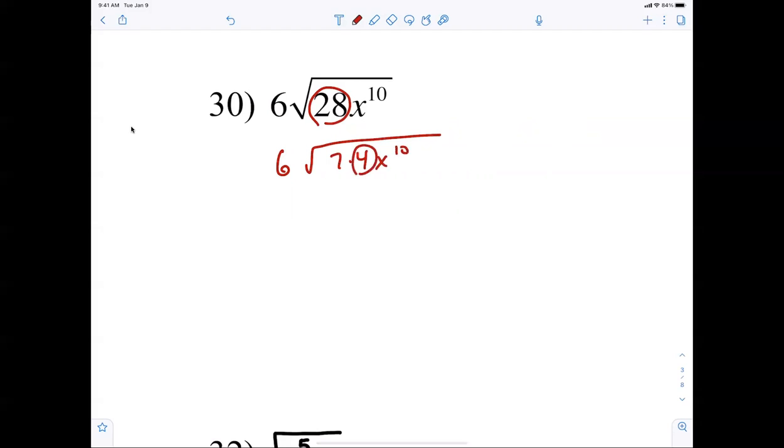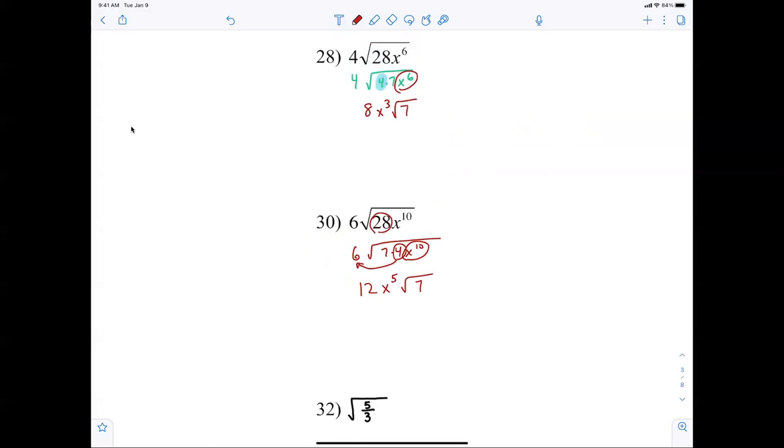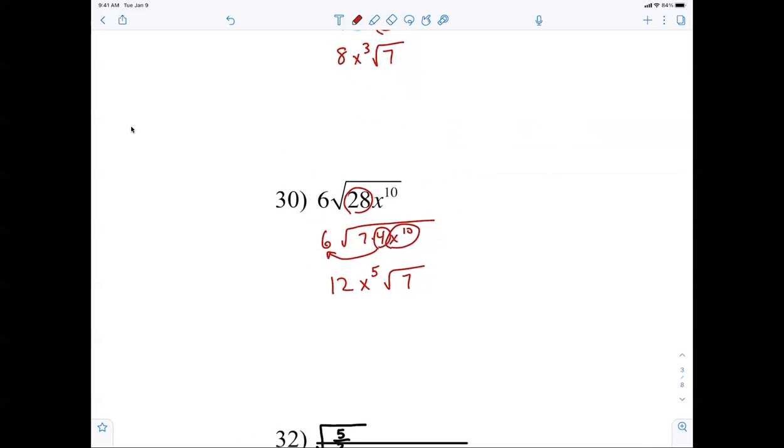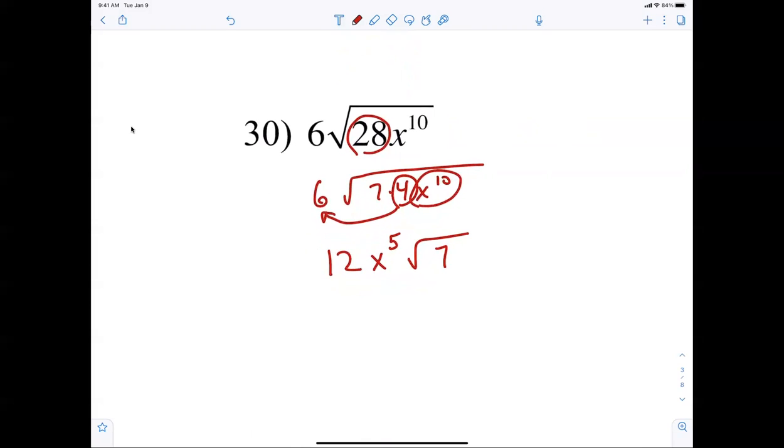So square root of 4 again, and then square root of that. Wait, what was the answer to the one above it? All right, anybody have any issues with 30?